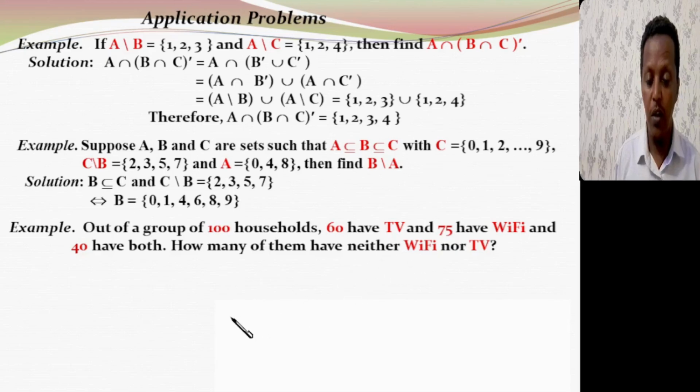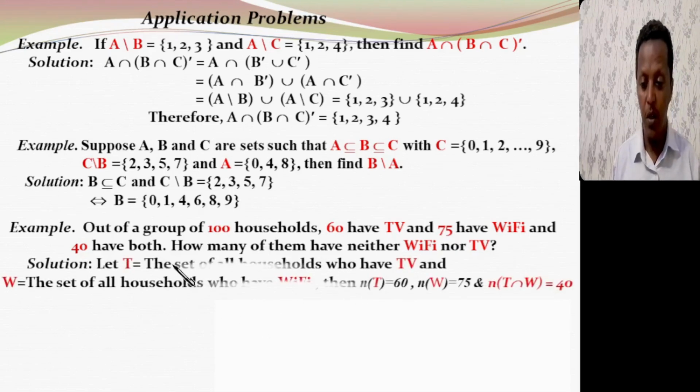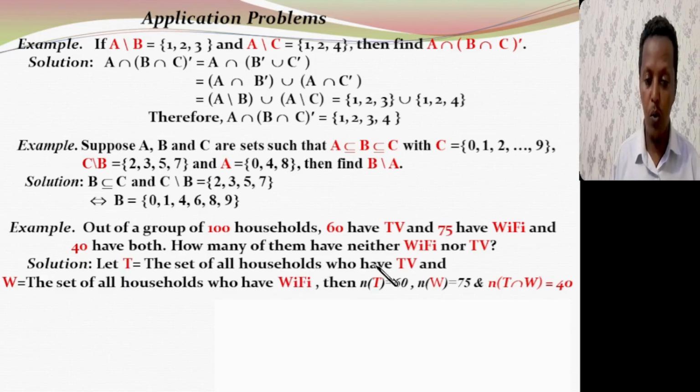To find this, first, let T stand for the set of households who have TV, and capital W stand for the set of all households who have Wi-Fi. Based on the given information, the number of households having TV is 60, having Wi-Fi is 75, and having both TV and Wi-Fi is 40.